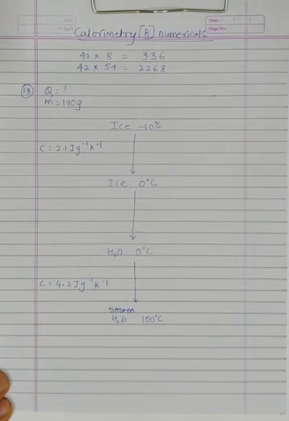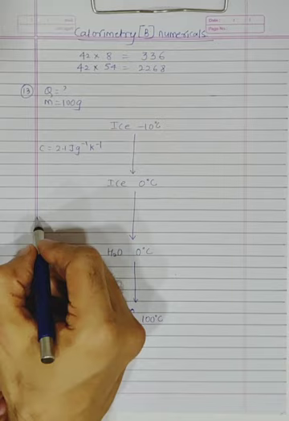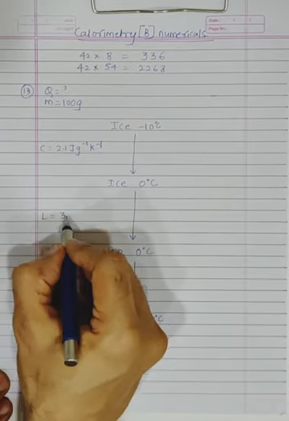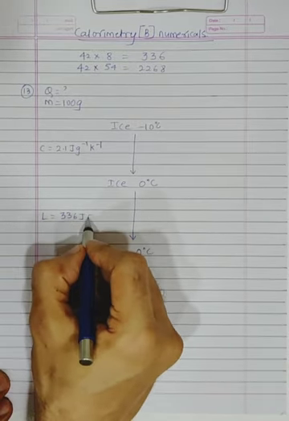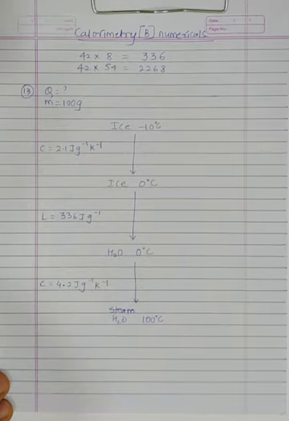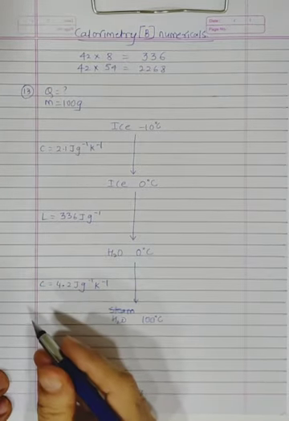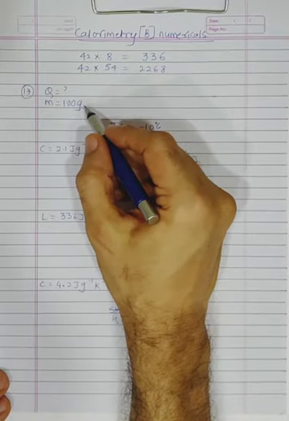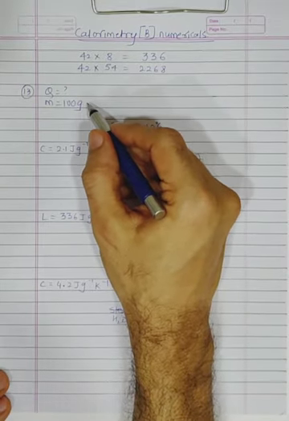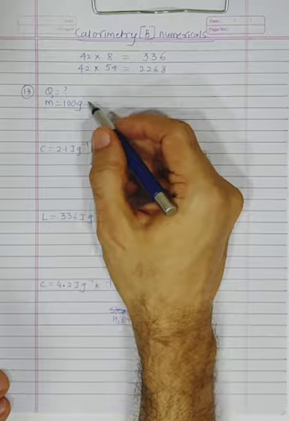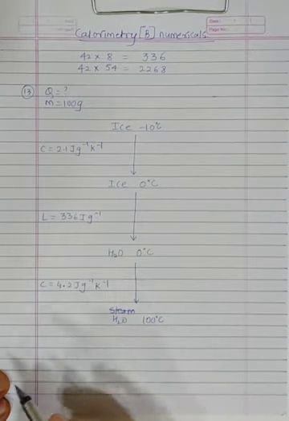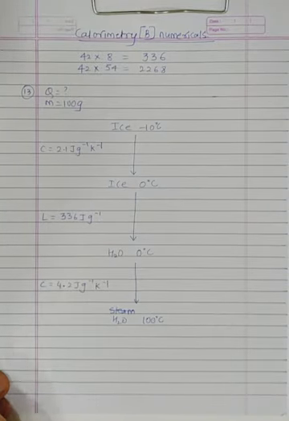And you are also given the specific latent heat of ice, L of ice, as 336 joule per gram. And you're asked to find the total Q. Now guys, in this problem we have mass in grams, which is not an SI unit, but don't bother about it, because everything else is in the same units. You can leave everything as it is. No need to do any conversion here.